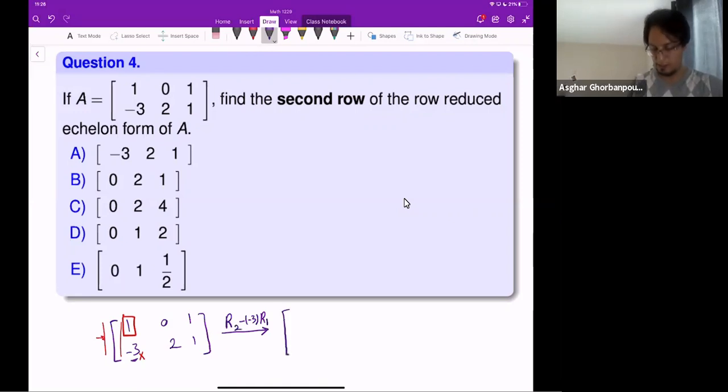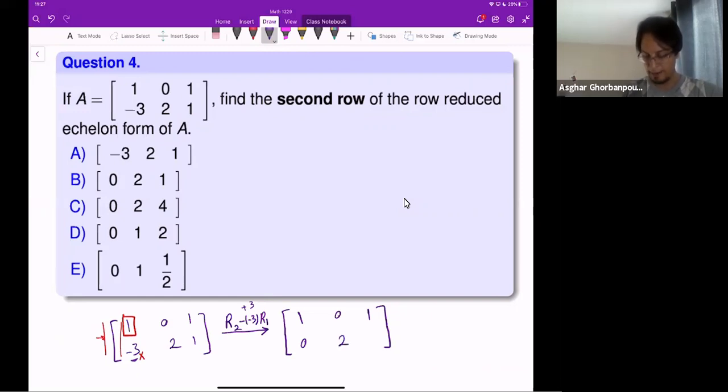So I'm not changing row 1. Row 2 will be 1, this is plus 3, yes. Plus 3 added to -3 is 0. 0 times 3 is 0, so 2 will stay like that.